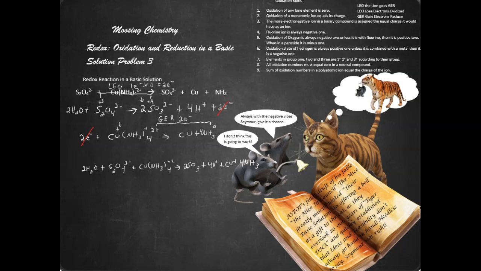Now, what we're going to do is add OH to both sides of the equation as many as there are total hydrogens. So let's see here. On this side, we have 4 hydrogens for the water.